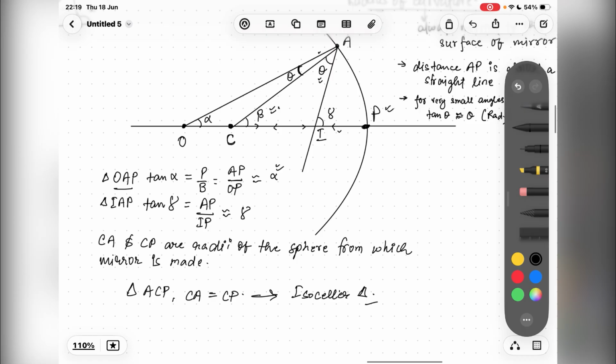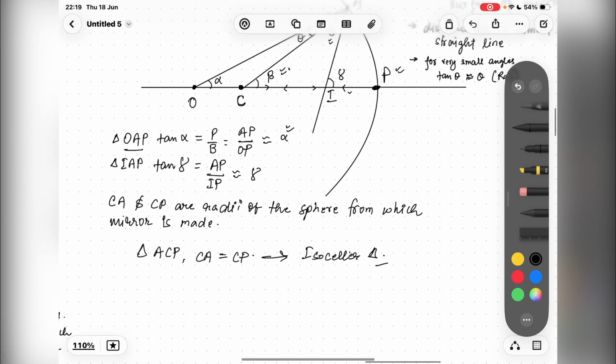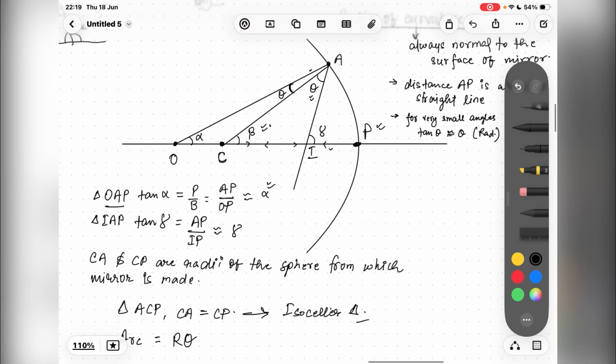Now in a circle, arc is equal to radius multiplied by theta taken in radians. So we have the arc AP.